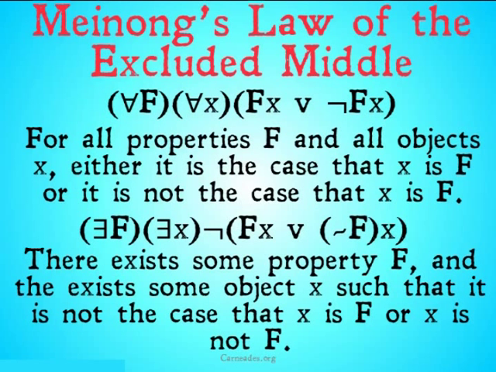There exists some property F, and there exists some object X, such that it is not the case that X is F, or X is not F. This is similar to what we were saying with those incomplete objects. We can have objects that exist and have neither the property of being F or not being F. What we can't have is both the statement X is F and the statement it is not the case that X is F.